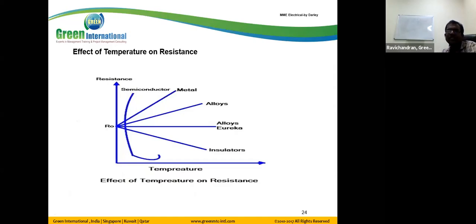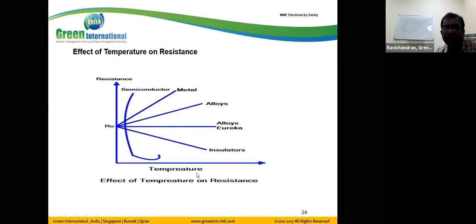Just go to this graph. As temperature increases, different materials' behavior will change. On the x-axis we have temperature, and on the y-axis we have resistance.